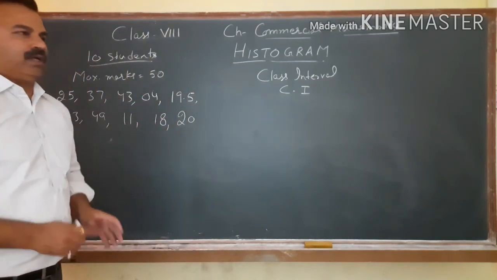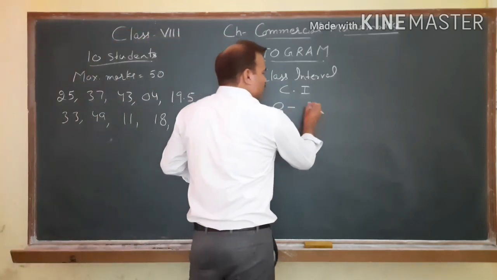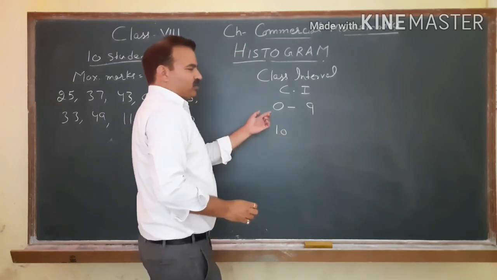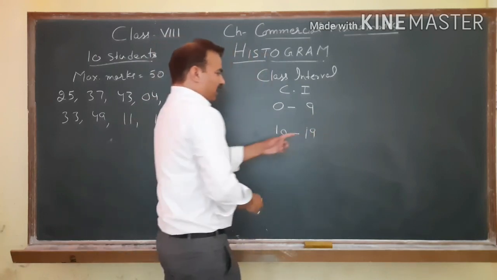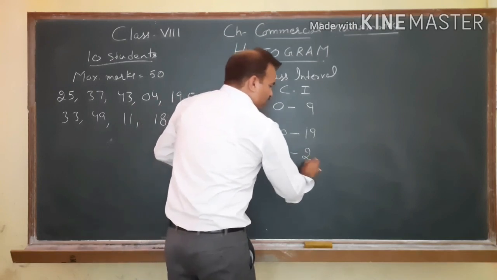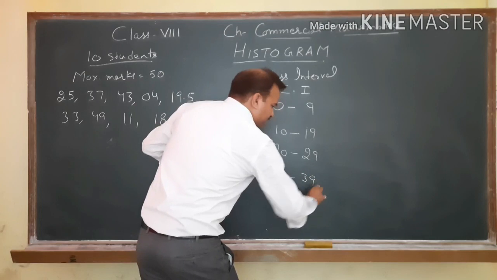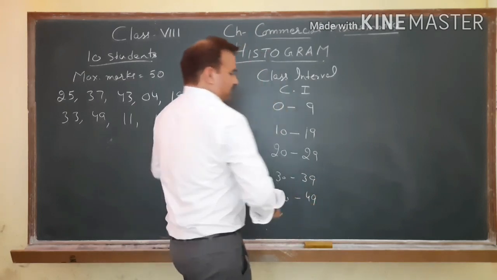Interval means a group. So let me put from 0 to 9. The marks scored by a student from 0 to 9 will come in this one. From 10 to 19 under that. Then 20 to 29 under this, and then 30 to 39 under this, and then 40 to 49 under the last.